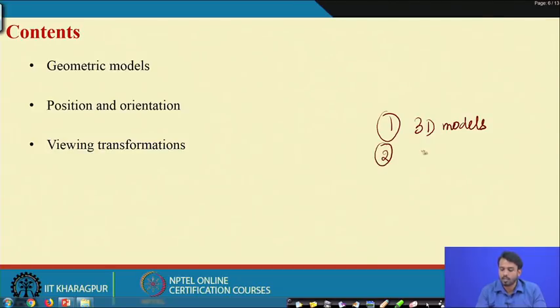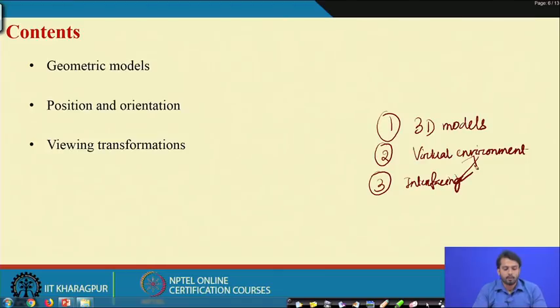Second, incorporating these 3D models into a virtual environment, meaning the development of a virtual environment. And the final one is the interfacing between the user and the developed virtual environment.